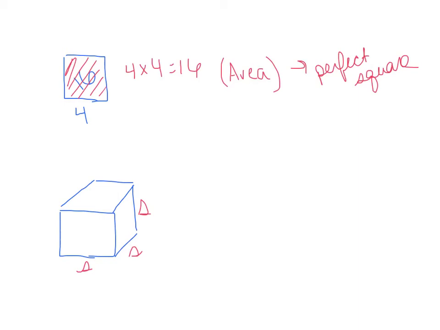So because of that, let's say I have a volume of 8. This would have to be 2, that would have to be 2, this would have to be 2.